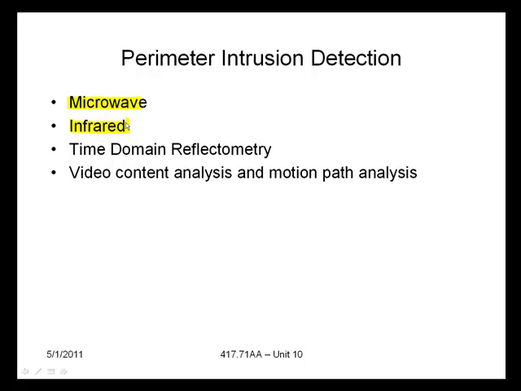Time domain reflectometer. This is something that if you've worked with cabling with coaxial or with Cat5 cable, you may be familiar with as a way of diagnosing cable failures. But what you're doing is you're sending radio frequency signals down a cable attached to a fence. Intruders climbing over the fence will stretch the cable or distort it even very slightly, and this causes the characteristics of the radio signal to change somewhat, and that change is detected by the alarm there.